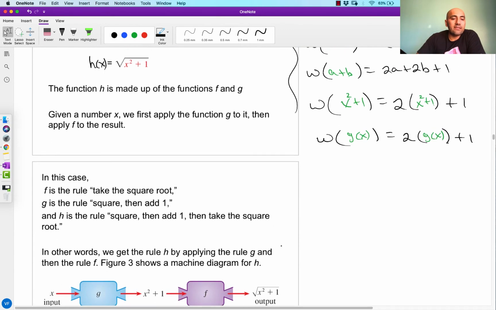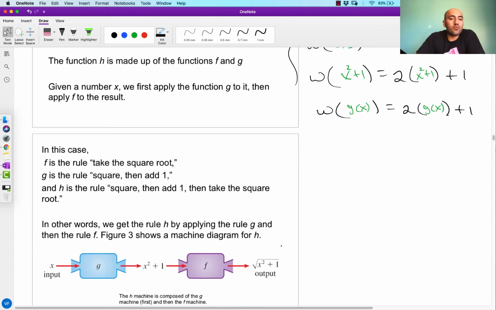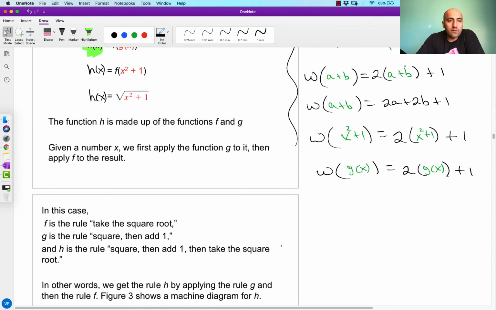In this case, f is the rule take the square root, g is the rule square then add 1, and h is the rule square then add 1, then take the square root. That's the function h. Take the input, square it, add 1, and then take the square root of the whole thing.